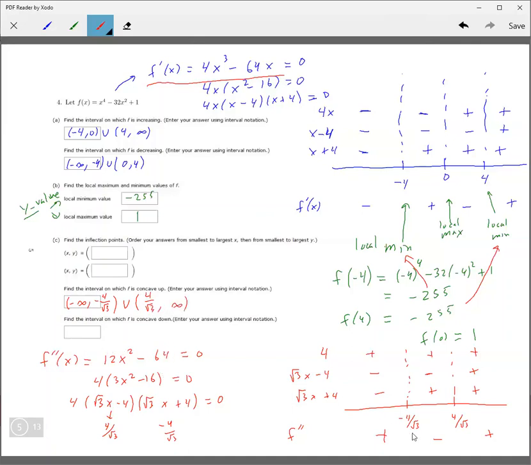Okay, and then of course in the middle it'll be concave down from negative 4 over the square root of 3 to 4 over the square root of 3.